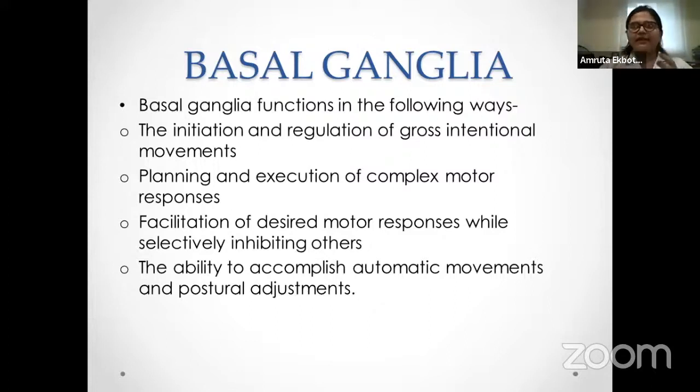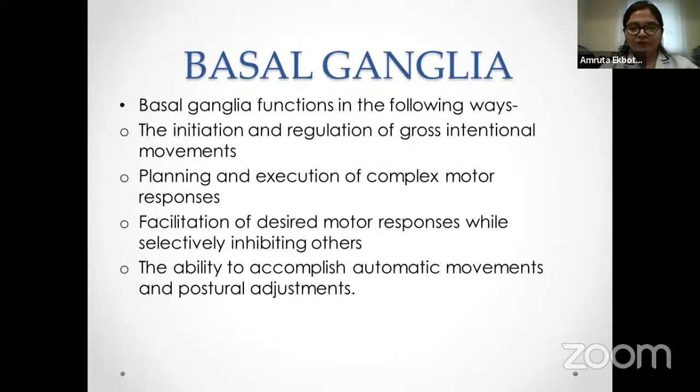So any time a movement is to occur, the initiation will be done by the basal ganglia. The basal ganglia is going to send signals to the motor cortex that, yeah, I want to do this movement, right? So you need to initiate the movement before the actual movement occurs.